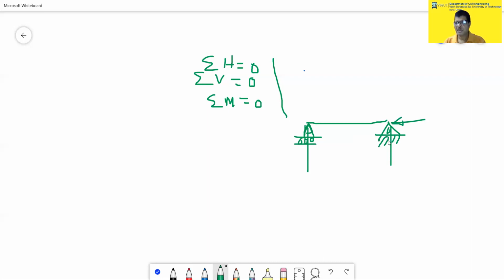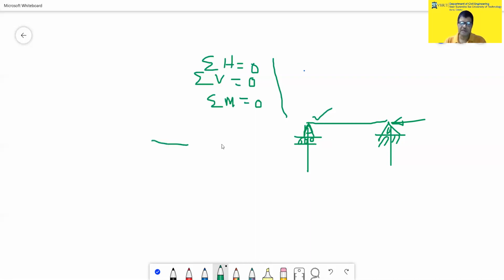You have studied what a hinge support, a simple support, a fixed support, a cantilever beam and a simply supported beam are. All the types were already covered in analysis 1, so I will just recapitulate here. In this beam you have three unknowns and we have three equations, so this becomes a statically determinate structure.